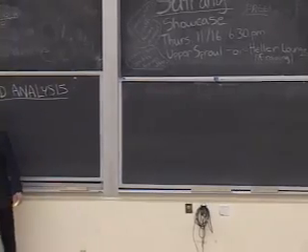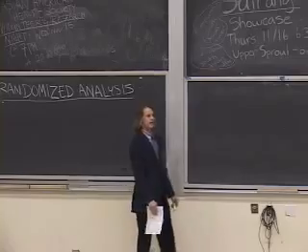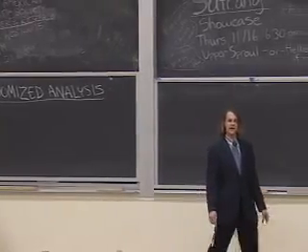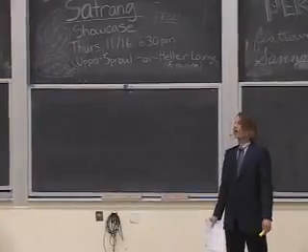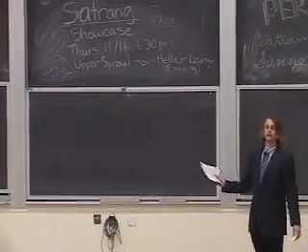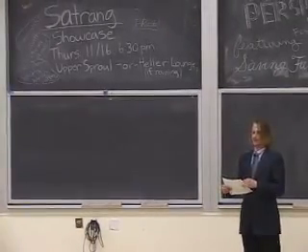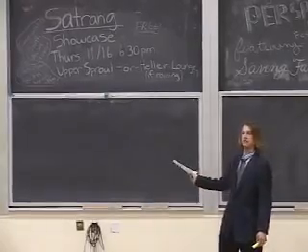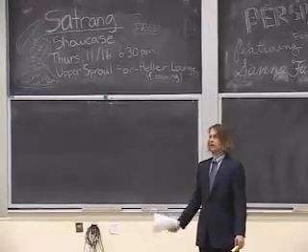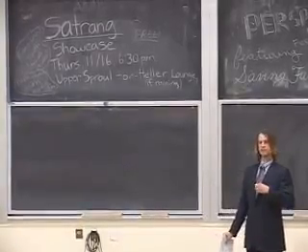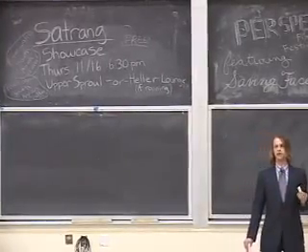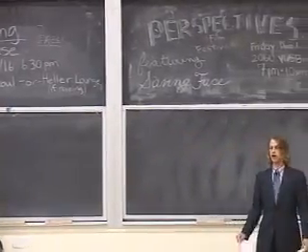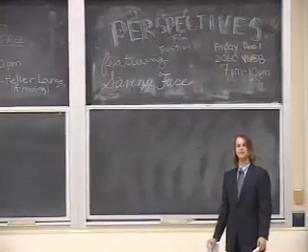Today's topic is randomized analysis, and in a way it's a little bit like amortized analysis because it's about proving the average running time of an algorithm, but it's different too. When you use amortized analysis on a splay tree, you're proving that even though one splay tree operation could be very slow, if you do a bunch of splay tree operations, starting from an empty tree, on average they'll be fast.